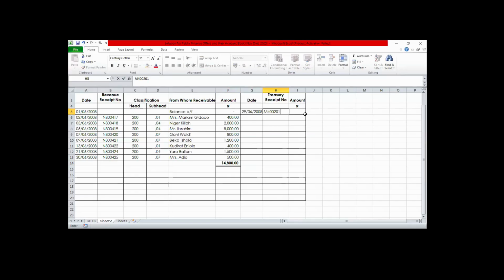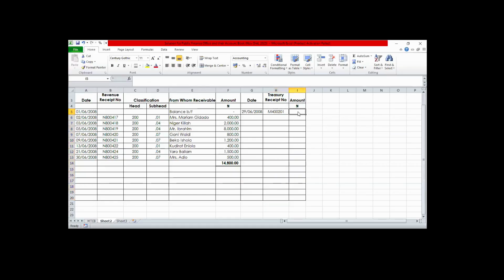M400-201. Now, as at that particular date, can we look at how much he is going to pay to that particular sub-account officer based on 29th of June? What was the total revenue collected by that officer? 14,300. 14,300, correct.